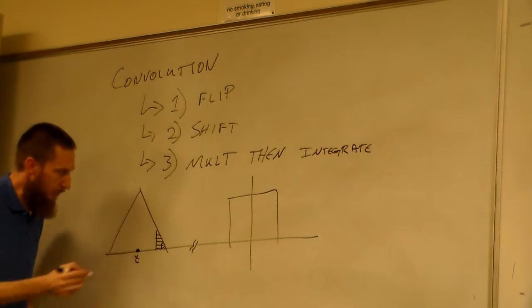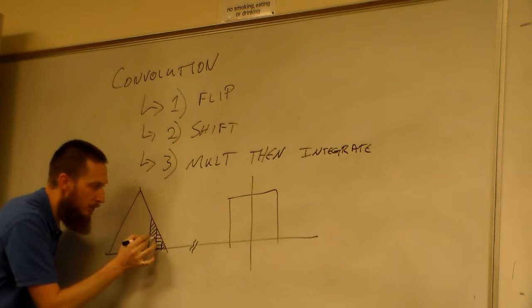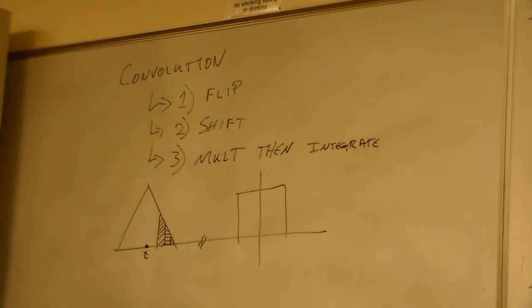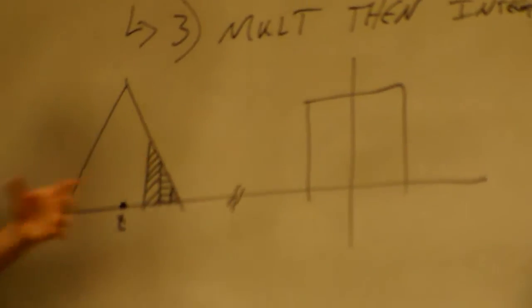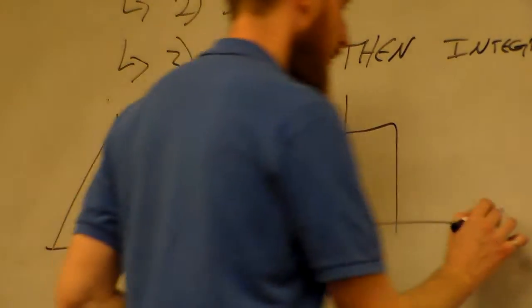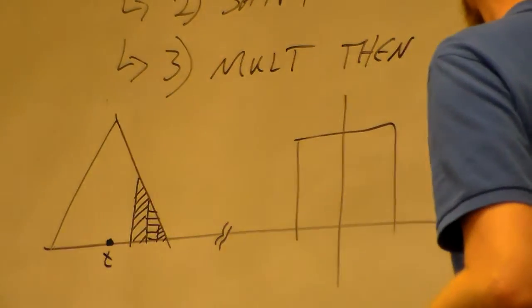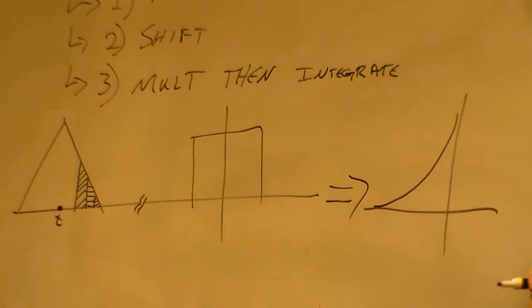Then you're going to move it forward another delta t, and that might add this region. Does that make sense? So each delta t increment that you slide this, it's going to start to add more and more and more. So that resulting output graph is going to curve up. Does that make sense?